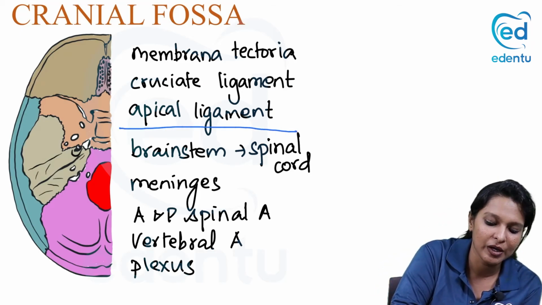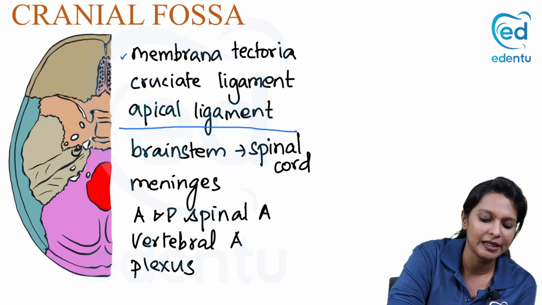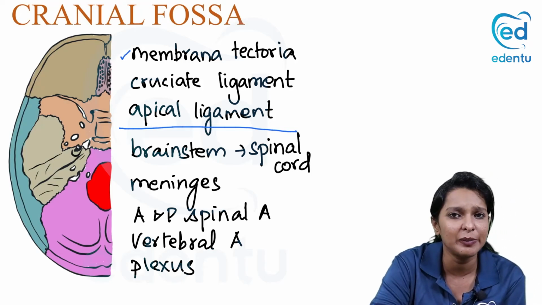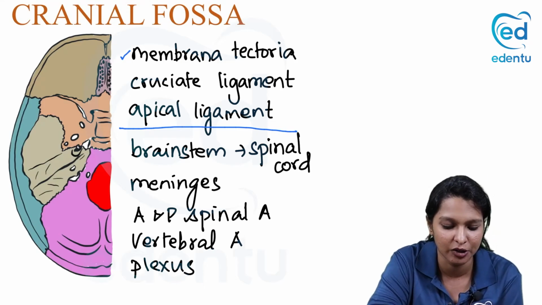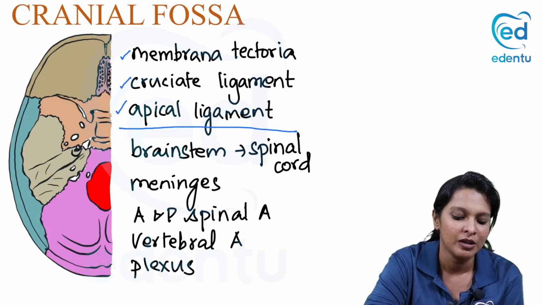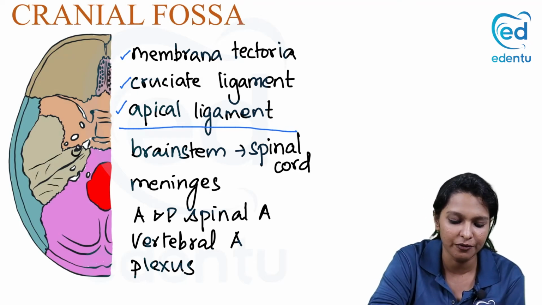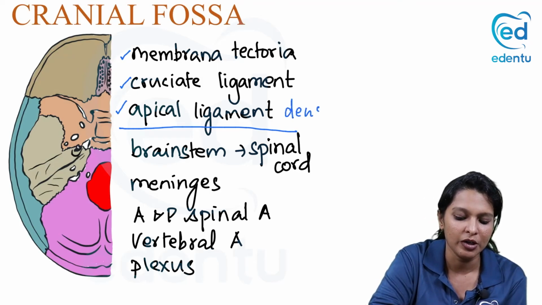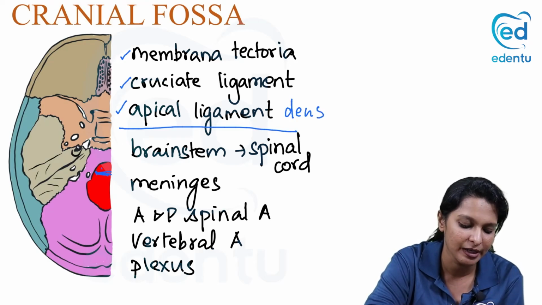It is divided into an anterior aspect and a posterior aspect. In the anterior aspect, it's mostly ligaments and membranes. So there is a membrane called membrana tectoria, two ligaments, okay, cruciate ligament and apical ligament of dens. Okay, two ligaments and one membrane pass in the anterior aspect.